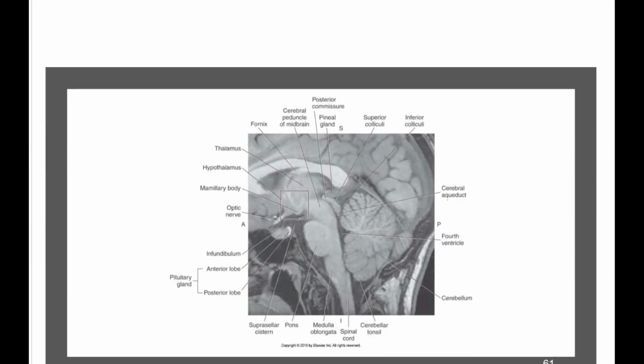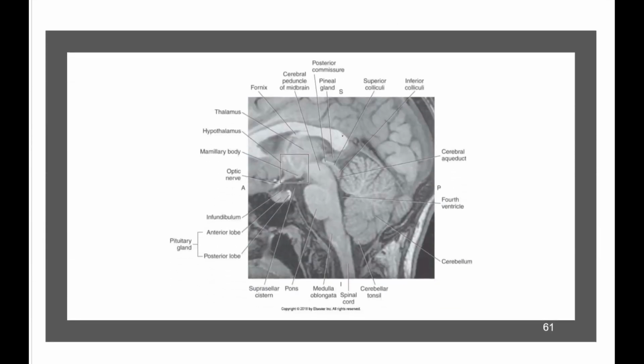Going midline again. So here we go. All right, we'll start with the peduncles of the midbrain. So here's your midbrain. Posterior commissure right there. And we've got your pineal gland, which is right here. And I want you to know your cerebral aqueduct. So your third ventricle is here.